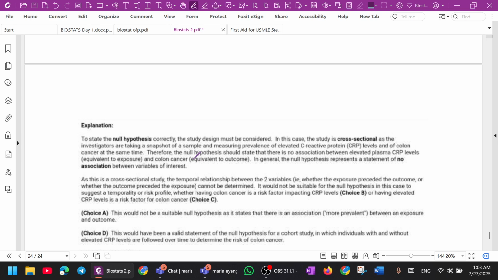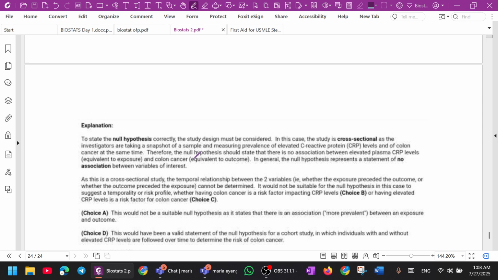To state the null hypothesis correctly, the study design must be considered. In this case, the study is cross-sectional, as the investigators are taking a snapshot of a sample and measuring the prevalence of the elevated CRP level and the colon cancer at that time.